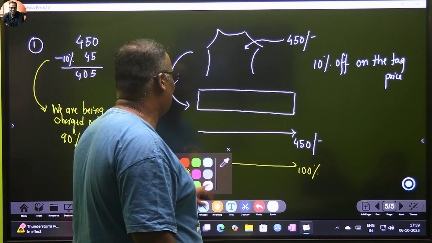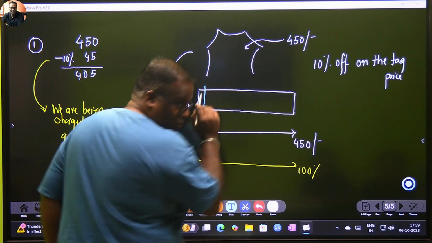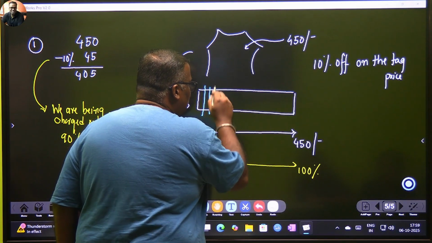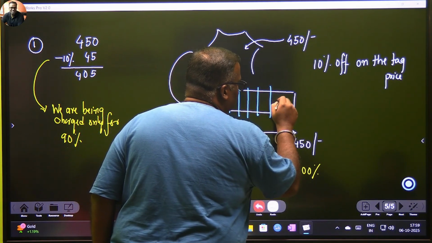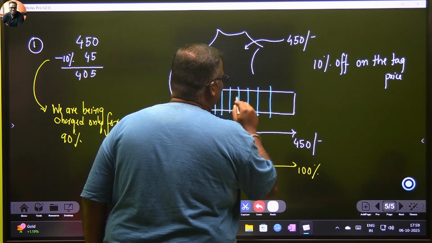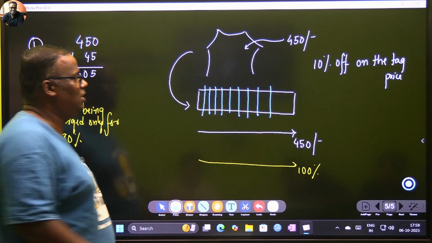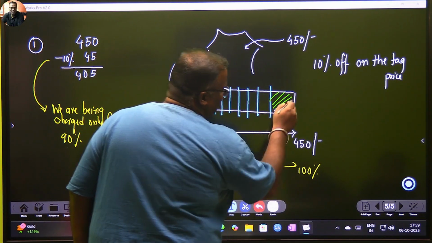We are being charged for only 90%. That means if I divide his t-shirt, which we have molded into a Dairy Milk, into 10 equal parts, the shop is actually doing a mercy by not charging this much portion of the t-shirt.